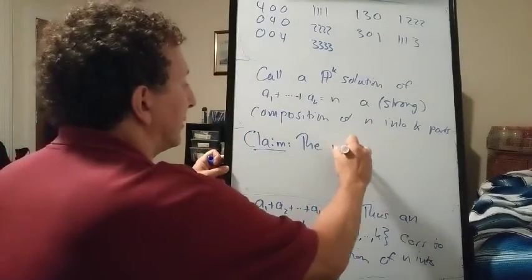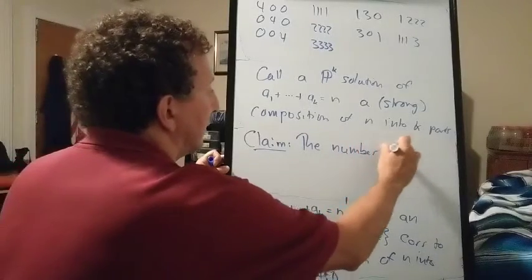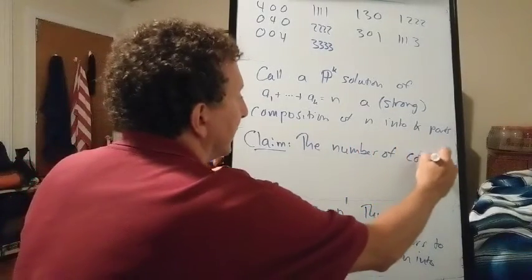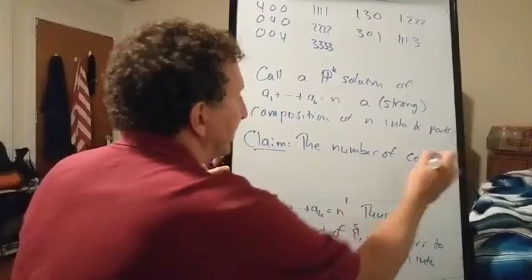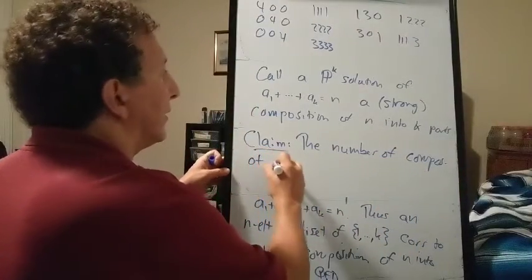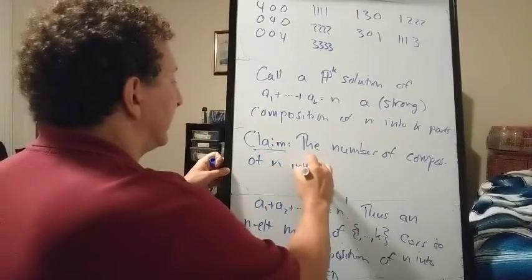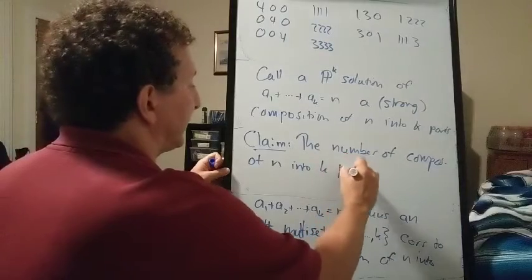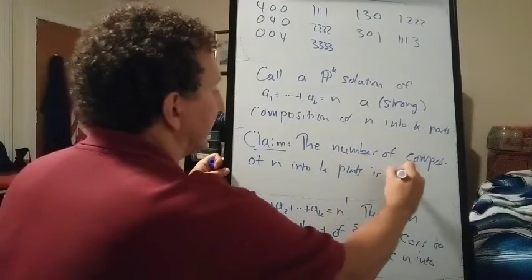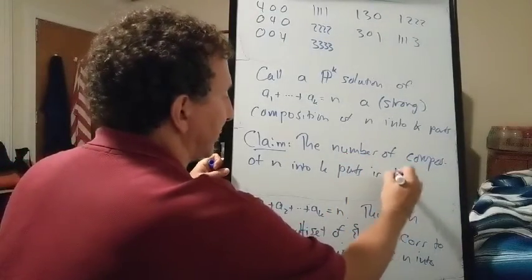Now the number of compositions of n into k parts is n minus 1 choose k minus 1.